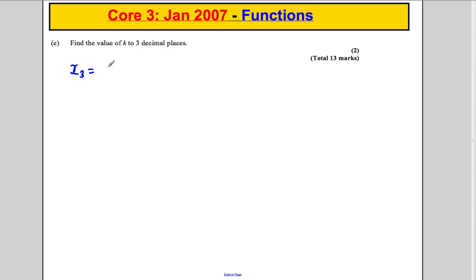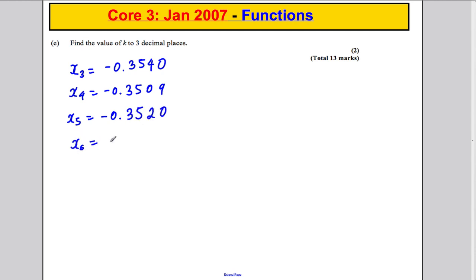So the next one, x3, would be negative 0.3540. x4, tap equals, negative 0.3509. x5 would be negative 0.3520. x6 would be negative 0.3516, and x7 would be negative 0.3517.